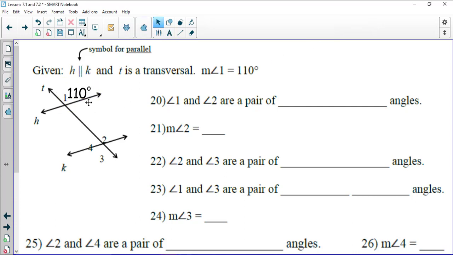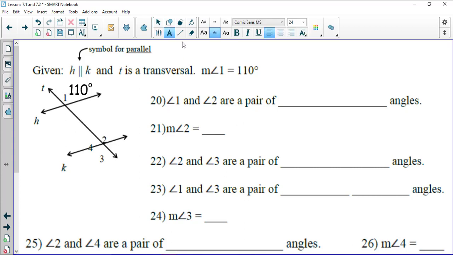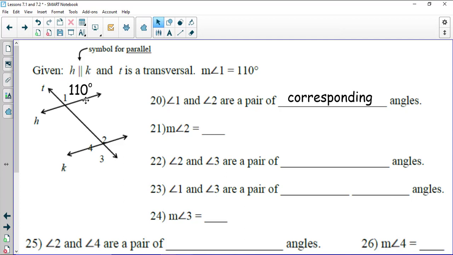All right, so once we have that information, number 20 says angle 1 and angle 2 are a pair of blank angles. So as I look at angles 1 and 2, I'm going to recognize that those are corresponding angles. They're in the same position along the parallel line with respect to the transversal. So they're corresponding angles. And again, we can notice that if I would take this group of angles here and I would copy and paste them on top of these, then angle 1 and angle 2 would be in the same position.